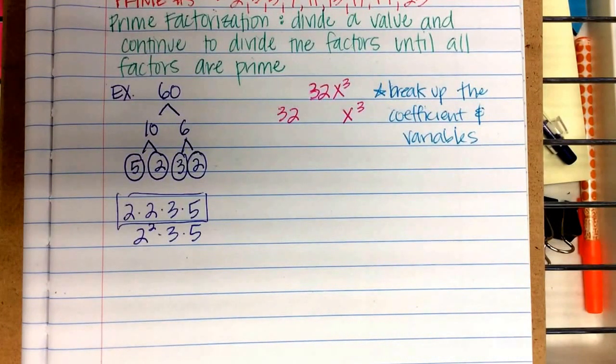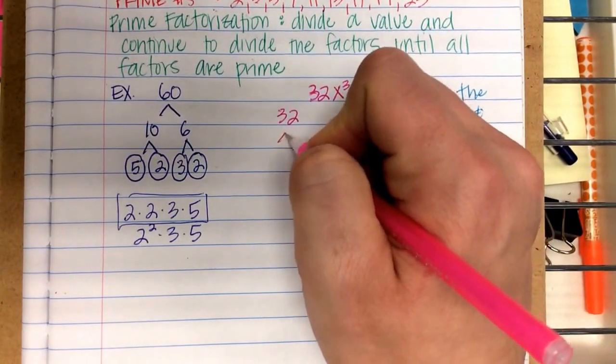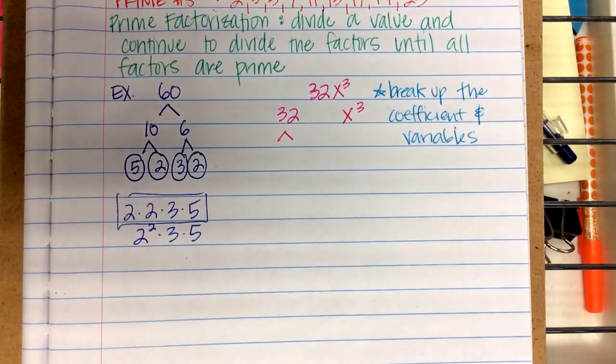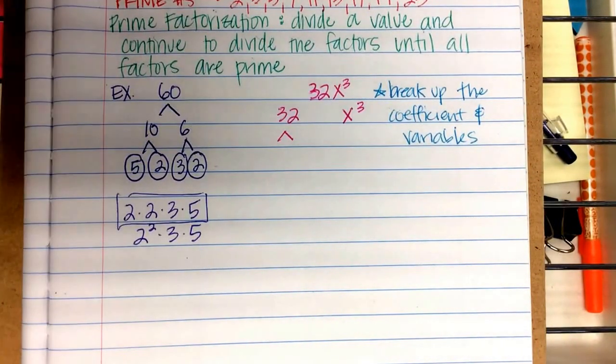So we have to factor 32 first. And again, you can go any factors. Sometimes you need a calculator if it's a number you're not familiar with and you do the whole guess and check if you don't know your divisibility rules or your factors off the top of your head. The go-to, is it even?